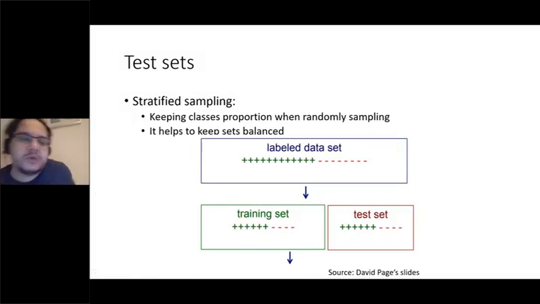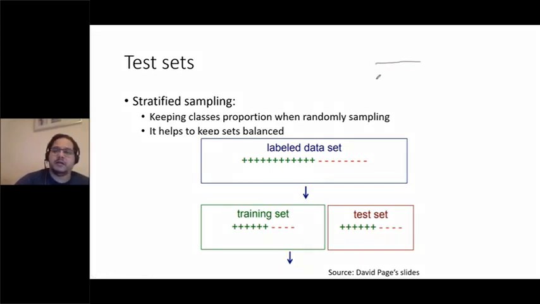We can also do what we call stratified sampling. Here we try to keep the class proportions when randomly sampling. We don't want a training set that, if it ends up randomly becoming like that, has plus, plus, plus, plus, plus, and only one single minus.